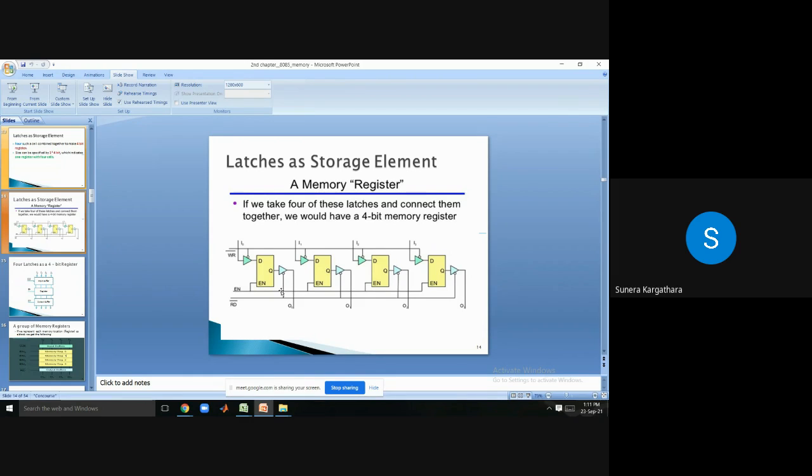Out of 4, data flip-flop. Why? The characteristic of the flip-flop is whatever you will give as an input, you will get as an output. And that's what we need in case of memory. We want to apply 0. If we'll apply 0, we want output is also 0. In memory it is never possible that you are storing something and you are getting something different, right? Always whatever stored data you may have, that only you need to read.